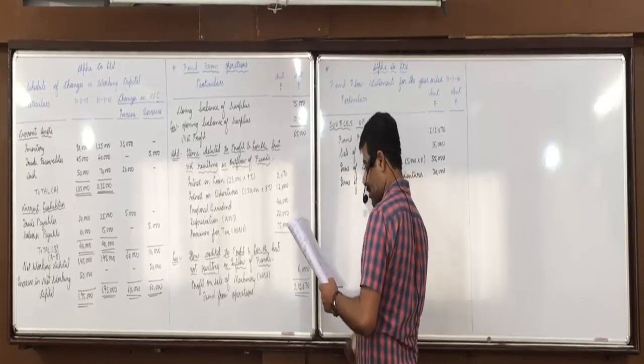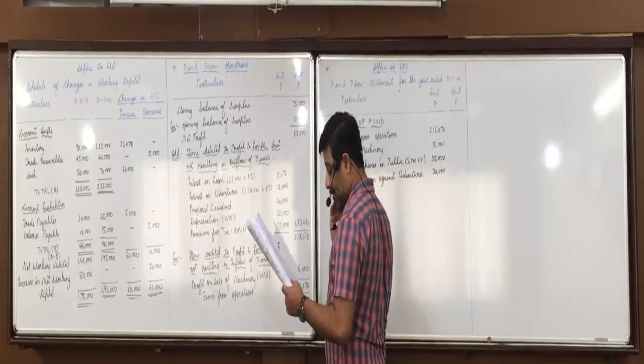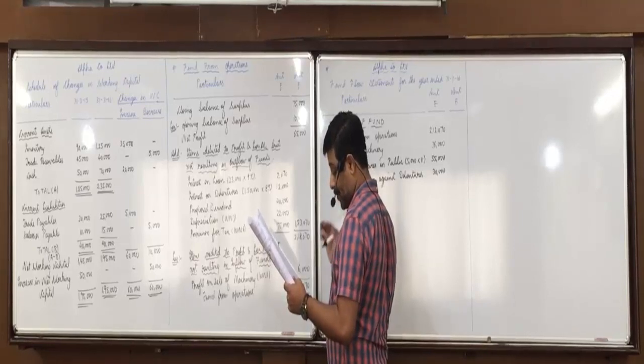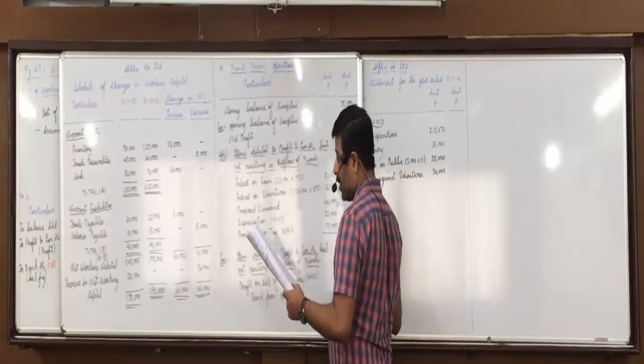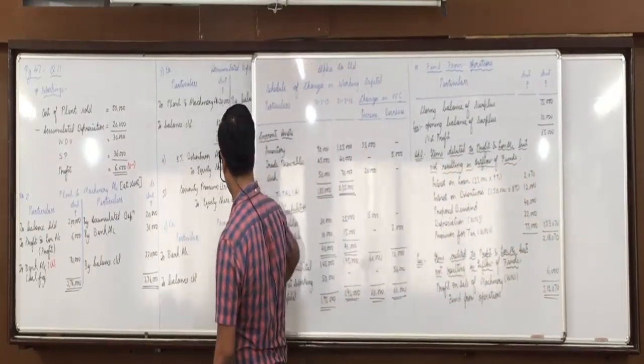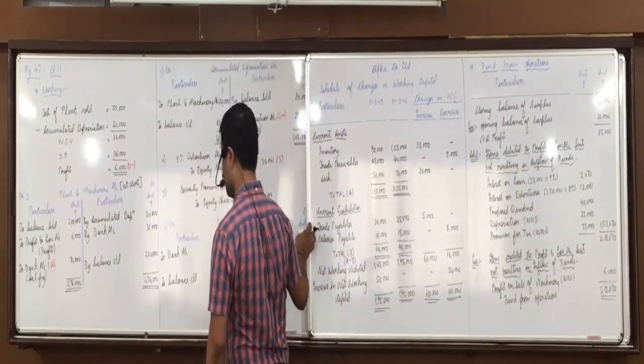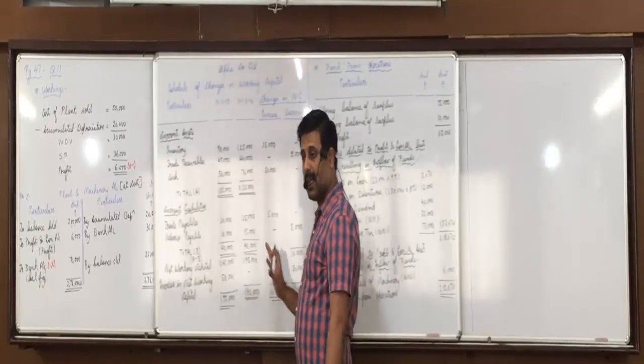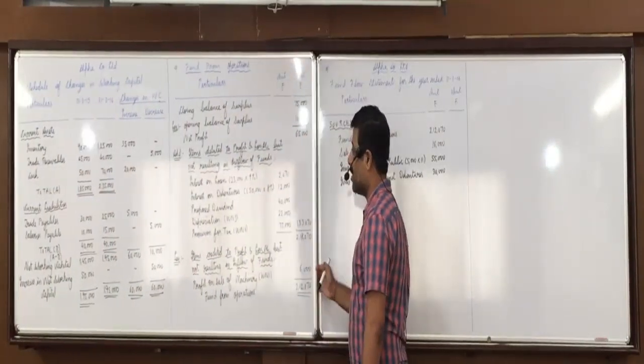No other sources of fund can be seen? No. In the actual workings, do we see any other sources of fund? No. So that is all. Is everyone clear with this? Total sources are taken into consideration.